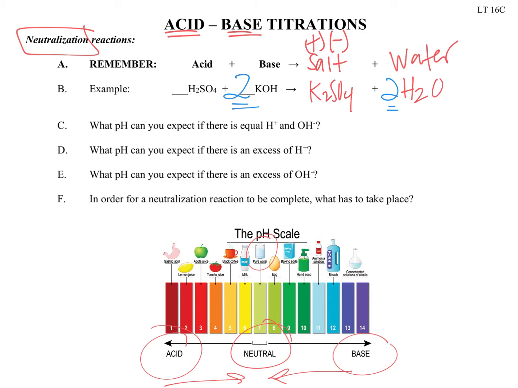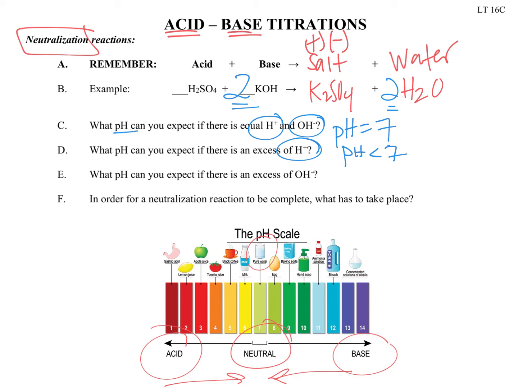Okay, so what can we expect about the pH when there are equal amounts of hydrogen and hydroxide ions? You would expect your pH to be 7 because you are neutral. There are equal amounts of hydrogen and hydroxide. If you have an excess of hydrogens, you know this solution is acidic, so we would expect the pH to be less than 7.